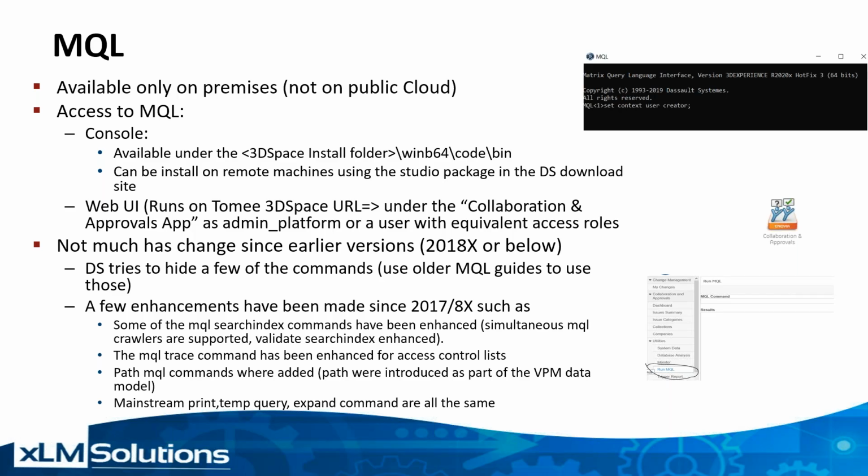You can run MQL as a standalone program, or you can run it from within the 3DEXPERIENCE or the 3D Space web apps. If you run it directly, through the executable, you're talking directly to the system.